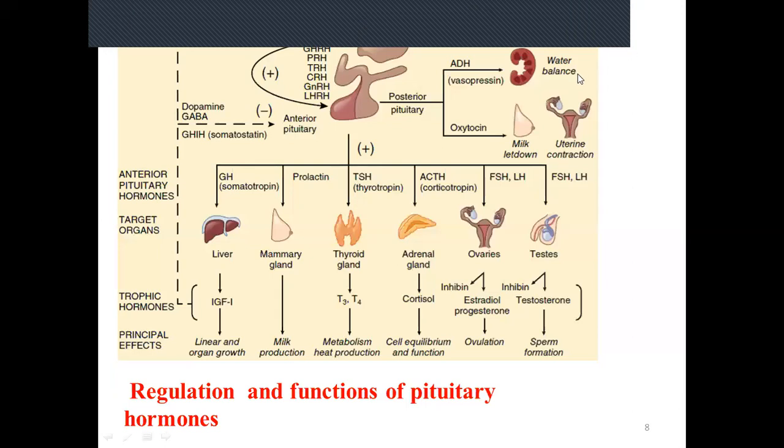You can see growth hormone releasing hormone, thyrotropin releasing hormone, even gonadotropin releasing hormone, and they activate all those anterior pituitary hormones. So there is prolactin, growth hormone, thyroid stimulating hormone, ACTH, follicle stimulating hormone, and so on.